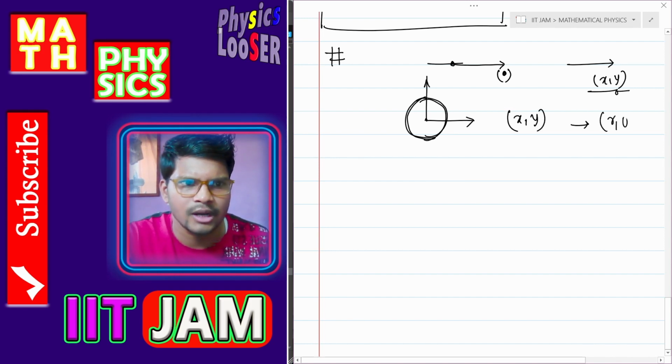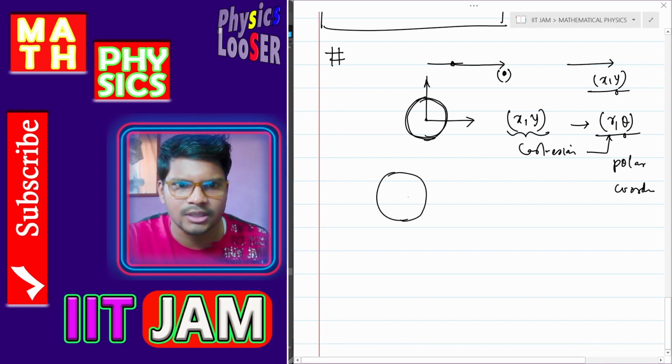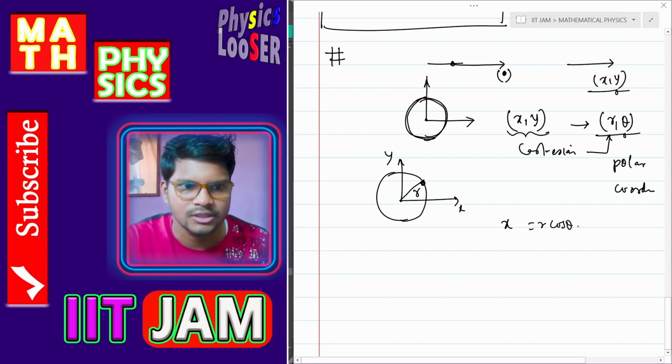Now when you have circular symmetry, then everything can be transformed into the coordinates r comma theta. The Cartesian coordinates can be expressed in r comma theta, and this type of coordinate we call polar coordinates. So if any particle is over a circle, we can say that x is equal to r cos theta and y is equal to r sin theta.